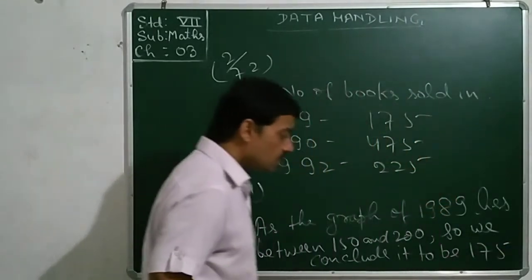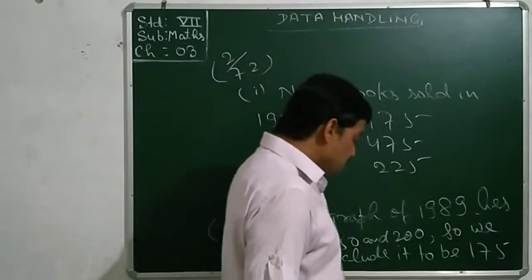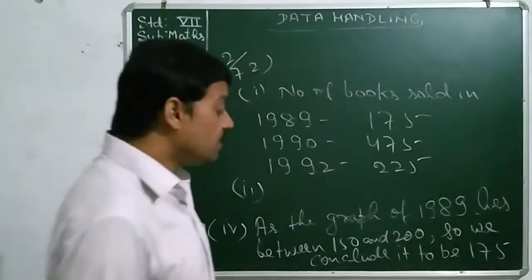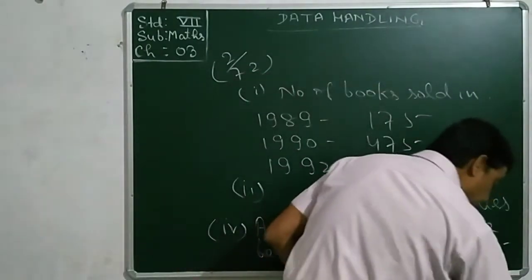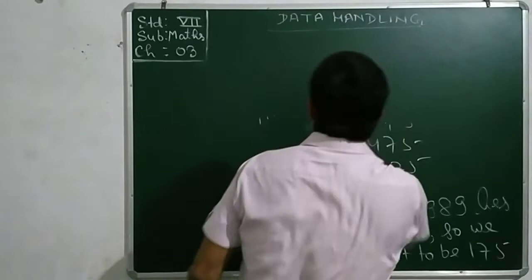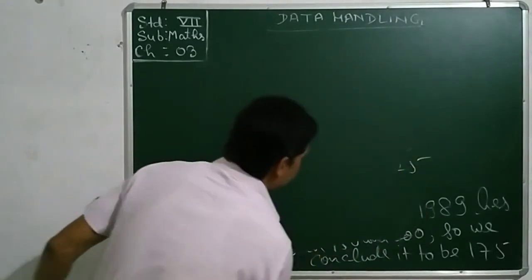In this way, you can solve such types of sums. Come to the third sum. In the third sum, you need to draw the bar graph, and some information is given.